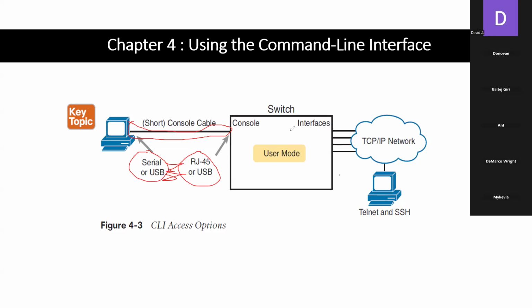Or we have other ways. We can use an application protocol via the TCP/IP stack, or the OSI model, to where we can access it virtually. That'll give us a virtual terminal. The two protocols would be Telnet and SSH.